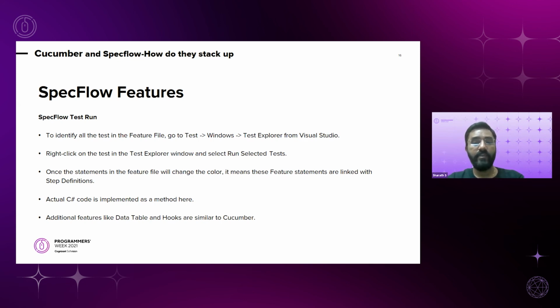When it comes to Cucumber, we were using a runner class for our test run. Here we have a test explorer. Again, within SpecFlow, we have the same features like data tables and hooks, similar to what we discussed in Cucumber.